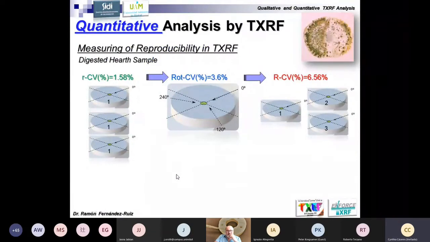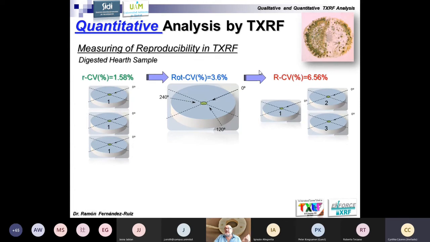Only a comment here: for a deposition as non-homogeneous as this sample, it's very difficult to obtain results. But this is not certain, because we can obtain good results applying statistics over this deposition. How?